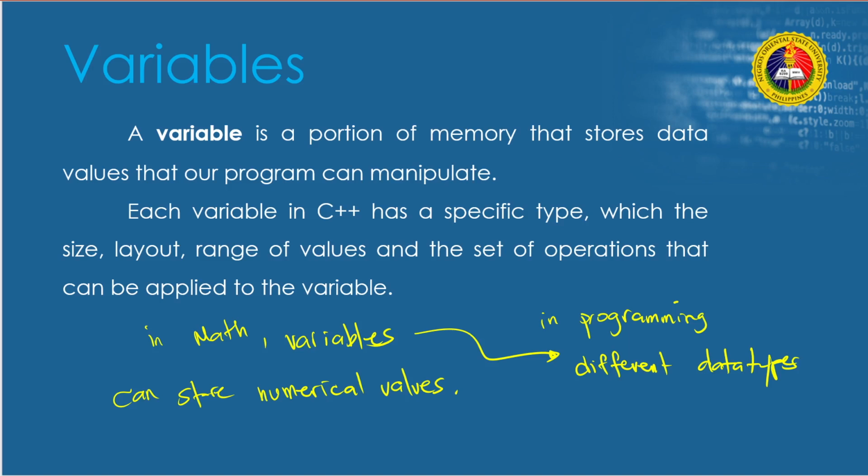Let's say, for example, you want to create a program that will compute the sum of two numbers. First of all, you have to create a variable for the first number. Let's call it num1.